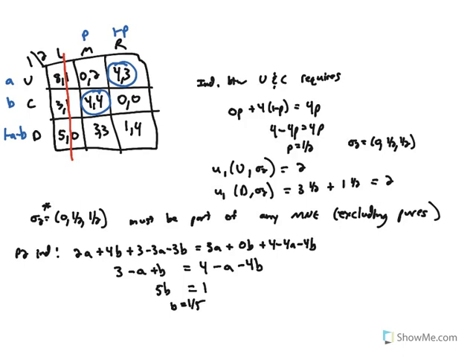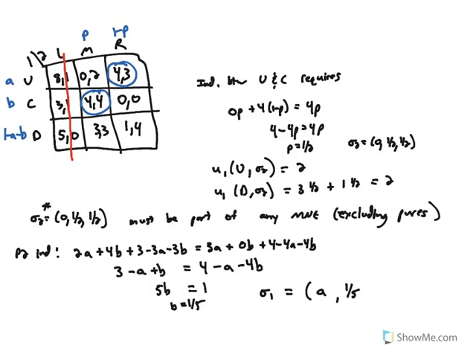So what we show here is that in any mixed strategy Nash equilibrium, we need B to equal exactly 1/5 in order to keep player 2 indifferent between M and R. Okay, and so sigma 1, which is equal to (A, B, 1 minus A minus B), we now show that the middle spot is 1/5.